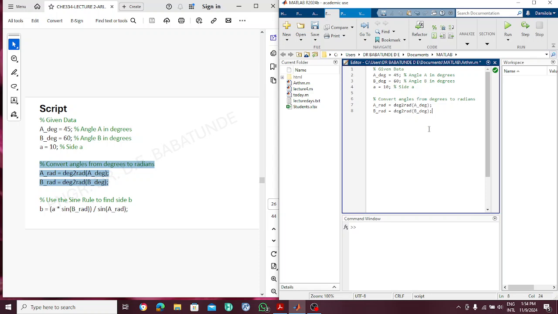To convert degrees to radians, there is a function called deg to rad. This converts a value in degrees to radians. You open a parenthesis and supply the argument you want to convert. In this case, the argument for the first one is A in degrees, that is the value you want to convert to radians. Then for B, you want to convert the B in degrees to radians.